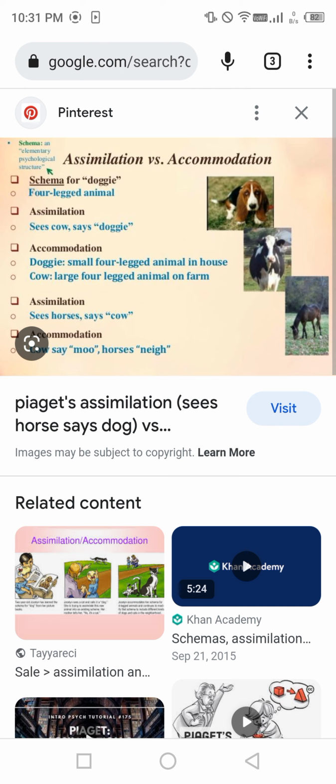So every time we have a schema, that is a previous knowledge. Suppose a kid knows that a four-legged animal is known as a dog. Now when he sees a cow, he says it's a dog.